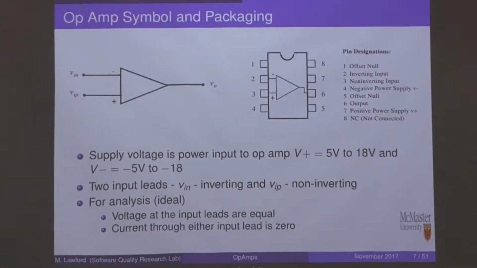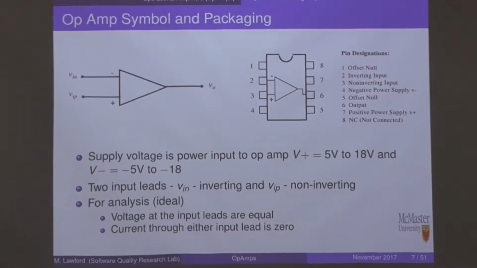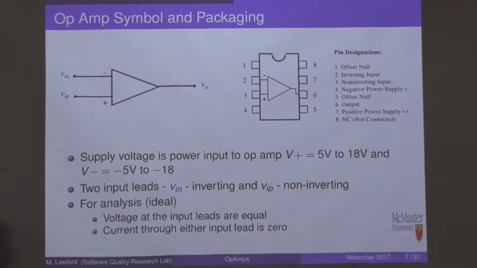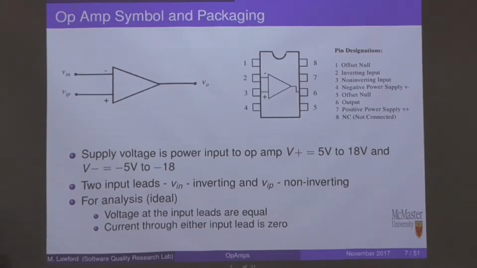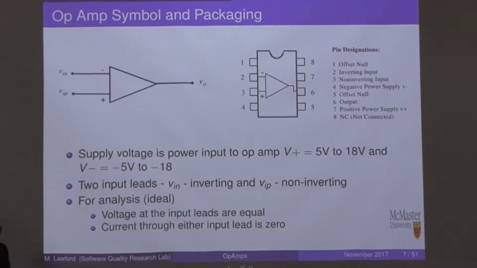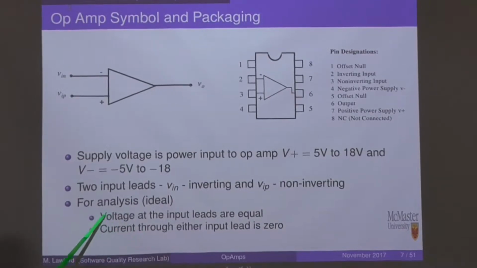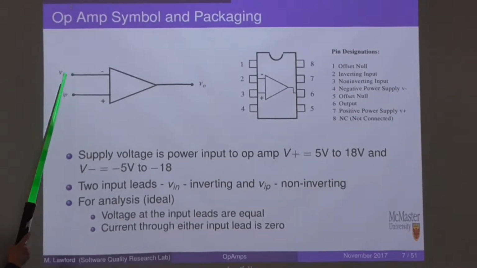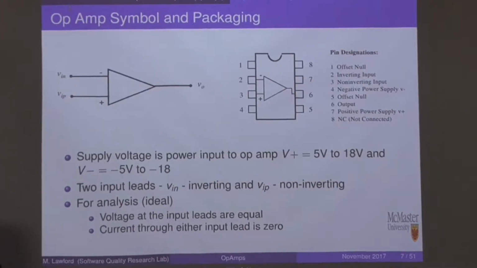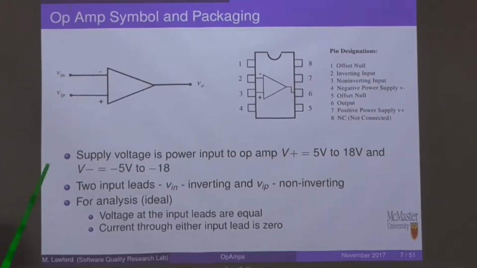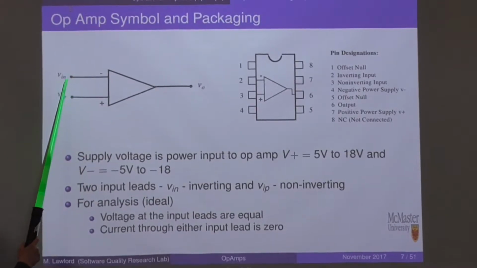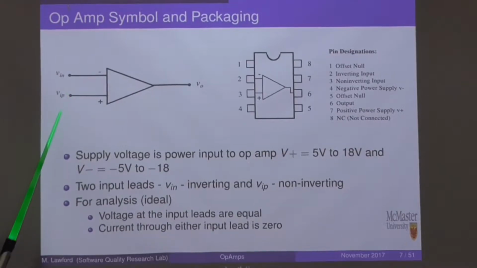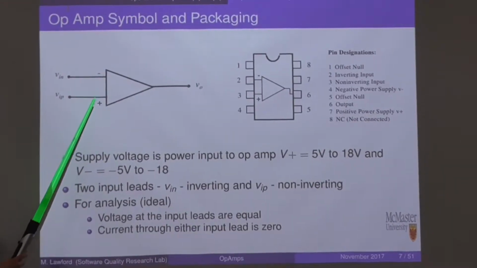So, for analysis on operational amplifiers, the voltage at the input leads are equal. These are operational amplifiers in feedback configuration. So, positive, negative, in ideal circumstances and for the purposes of analysis, you consider V-negative to be equal to V-positive.